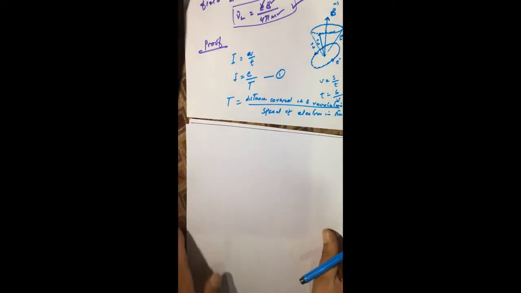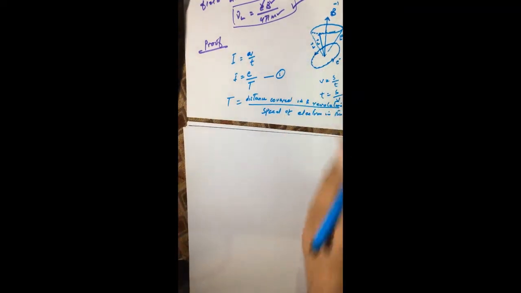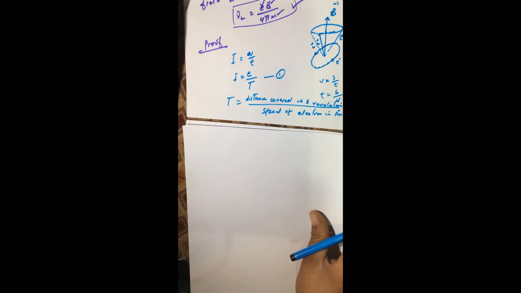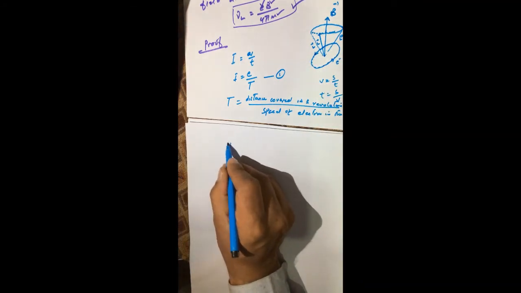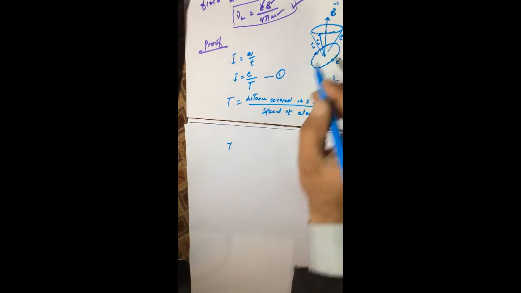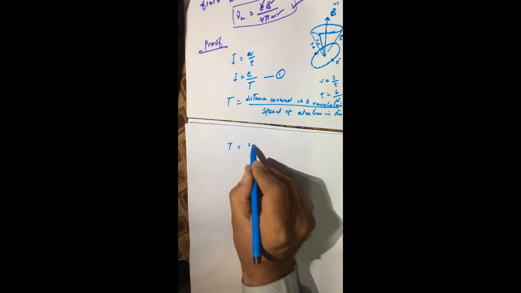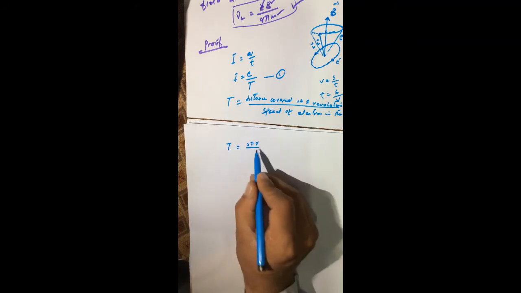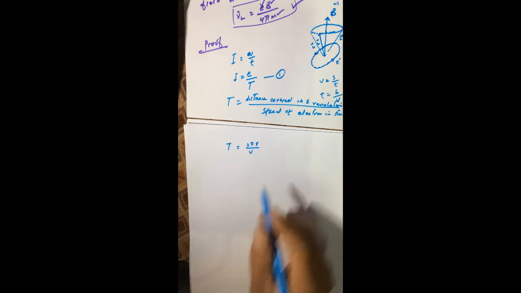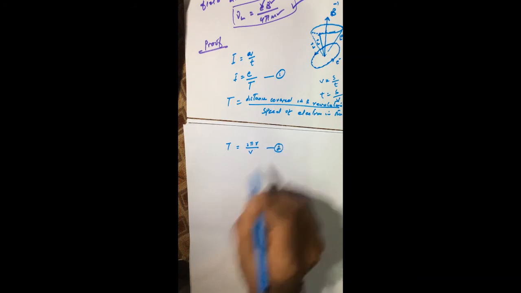We consider it to be a circular loop, so it covers the whole circumference. The circumference of the circle is 2 pi r if its radius is r, divided by the speed v. This is equation number 2.